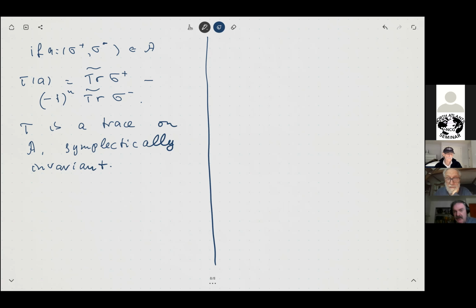Is it unique with such properties, or how unique is it? Yeah, I think it's okay. As far as I remember, it's not hard to compute the cyclic theory for this algebra, and it has a unique trace. I'm 90% certain, but I haven't looked at it recently.